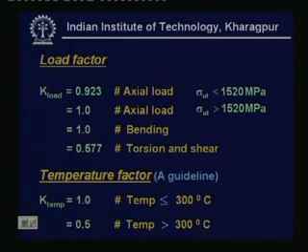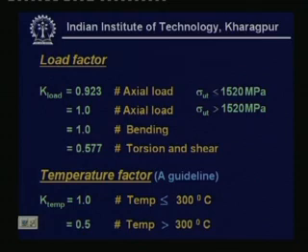Next comes the load factor. What is this load factor? This load factor, represented by K load, is also obtained from the study of various experimental data, which has been plotted and analyzed to give the factors shown over here.